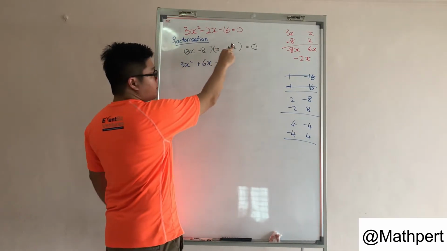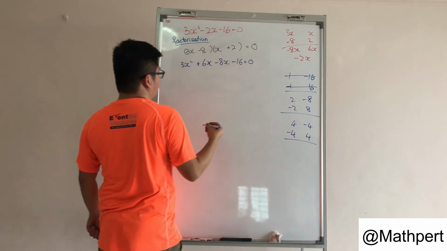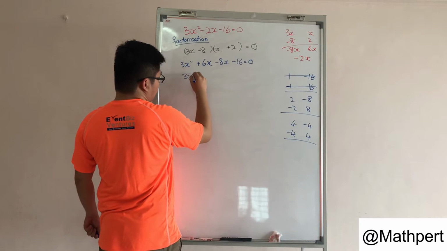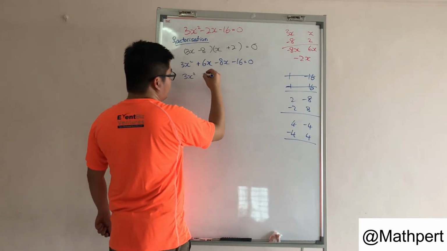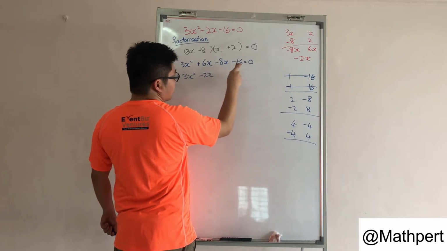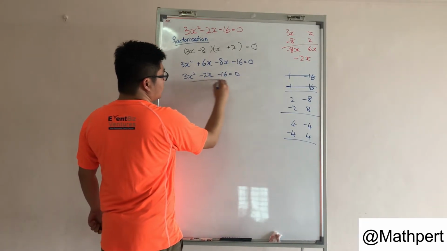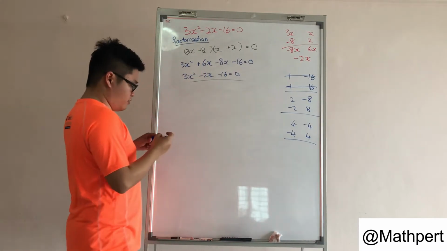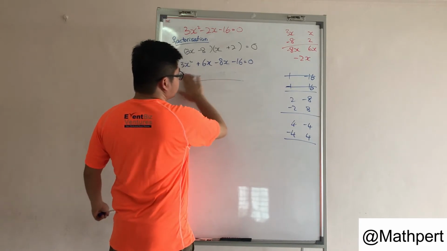Negative 8 multiply positive 2 will be negative 16, equal to 0. So 3x squared, positive 6 minus 8 will be negative 2x, and this one is negative 16. So these and this are the same, meaning this is the correct one.